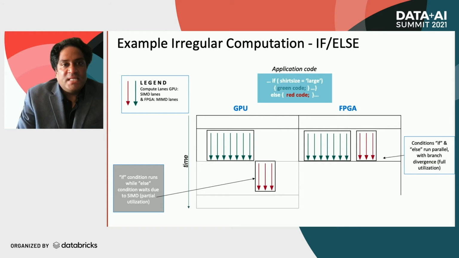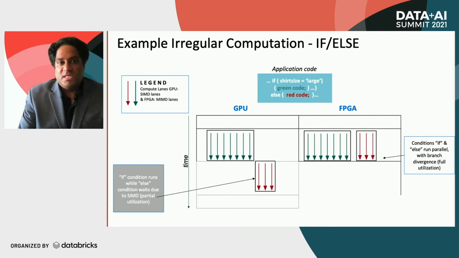So in the GPU case, because of the SIMD, single instruction stream architecture that GPUs inherently have, we have to split up the branches of the if statement into two separate execution streams that have to be executed at two separate times, right? Only one instruction stream can be executing at the GPU at any given time.